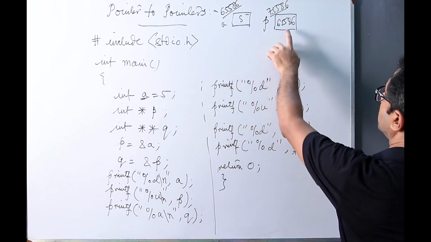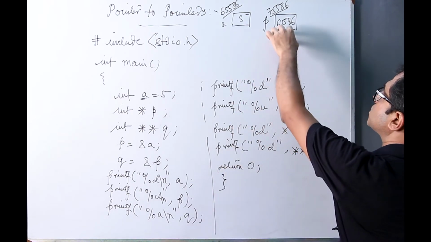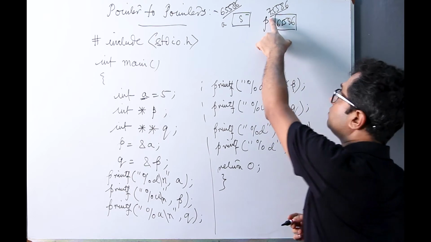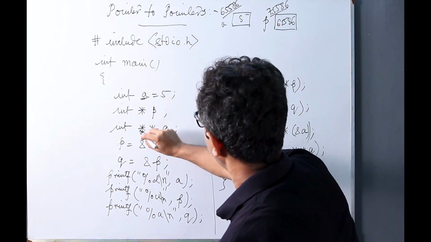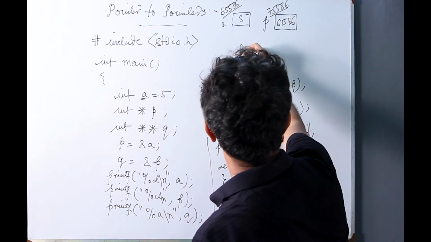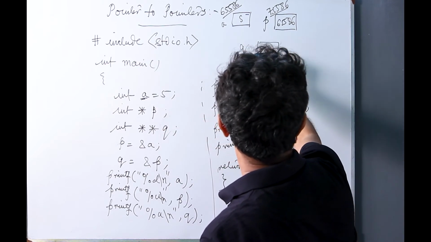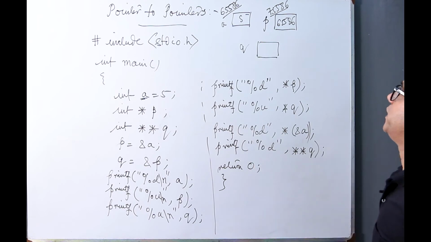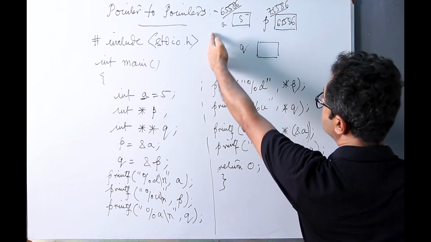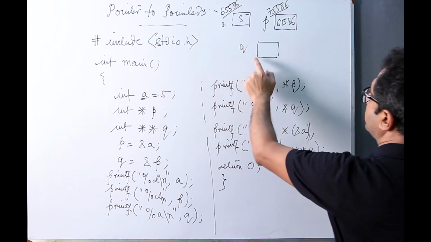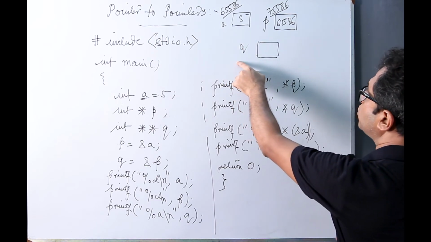So p has a value of 65586 occupying the memory location 75586. Now I have written what? int **q. So q is another variable. This p is a pointer to an integer, a is an integer variable, and this q is nothing but a pointer to a pointer.